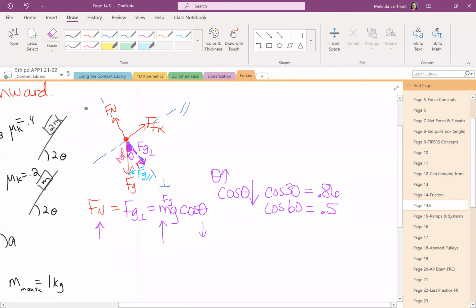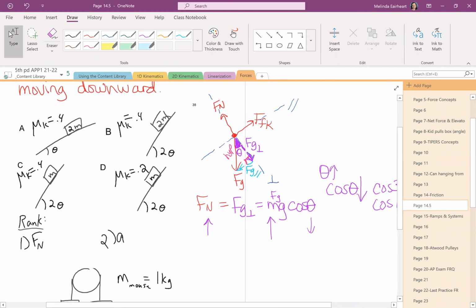And so who is that? Greater mass, smallest angle, so our greatest normal force is going to be which of our 4 samples has the greatest mass and smallest angle? Who has the greatest mass?